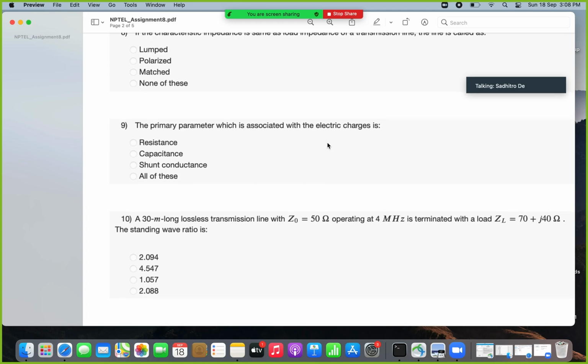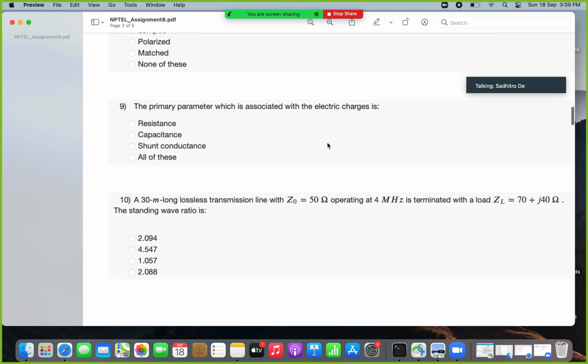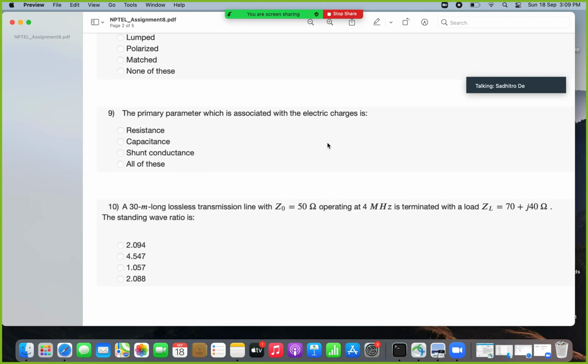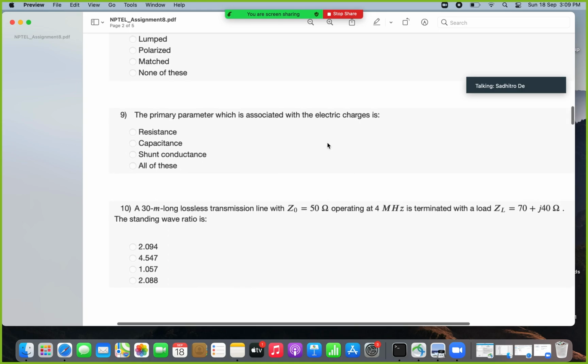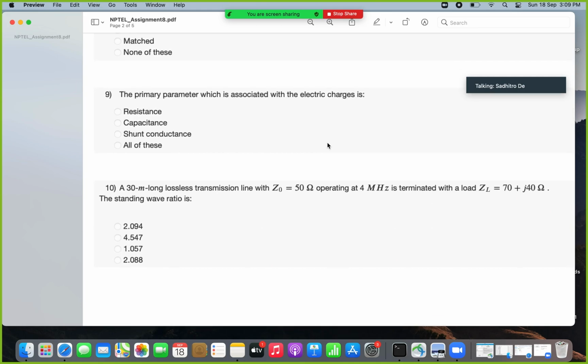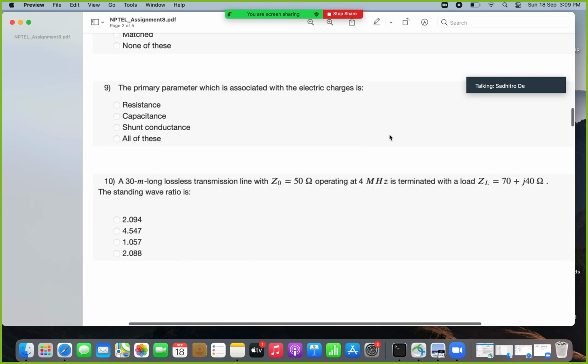Hello? Yes, audible now. Can you hear me? Yeah, capacitance, this one.